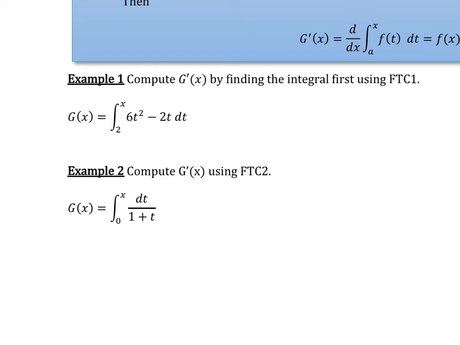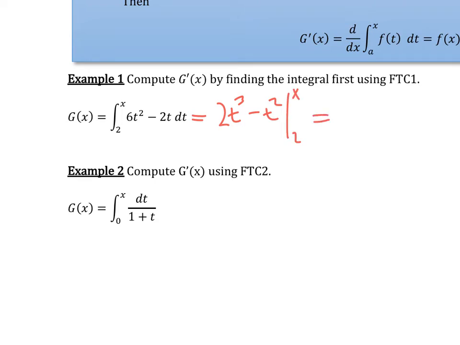So let's try this. Let's take this function g of x here. It's an integral function. Let's evaluate the integral. So the antiderivative is 2t cubed minus t squared, and we're going to evaluate that from 2 to x.